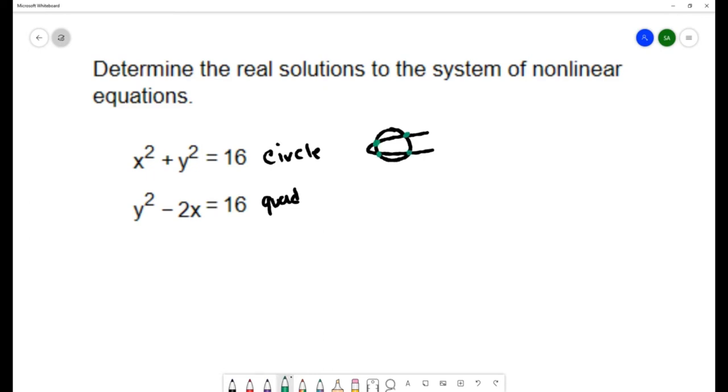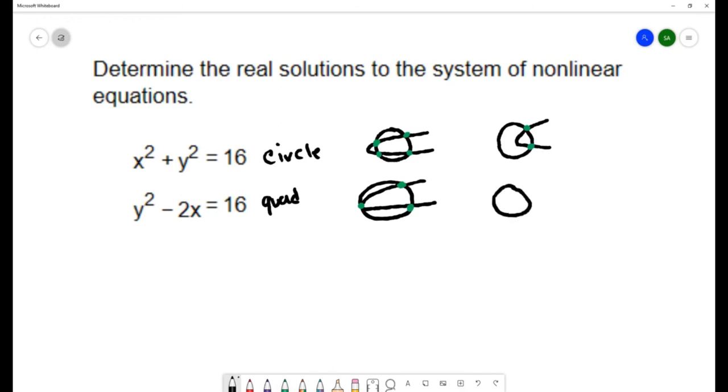So if we draw a circle and a parabola in the same picture, you could have 4 solutions if it is oriented this way. Or if the vertex of the parabola is just touching the edge of the circle like this, you might only get 3 solutions. If the vertex of the parabola is inside the circle completely, then you might just get 2 solutions.